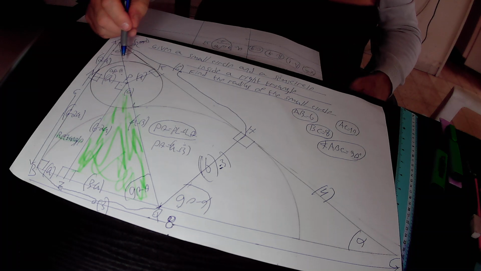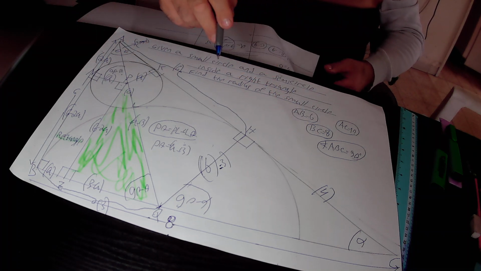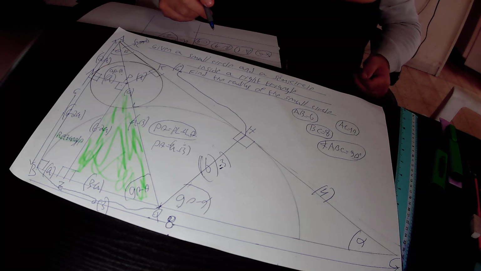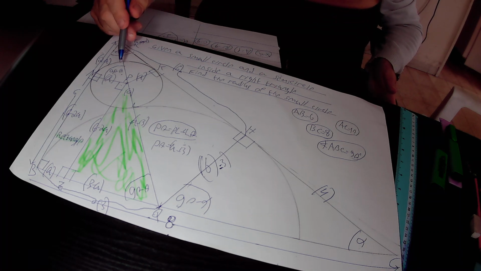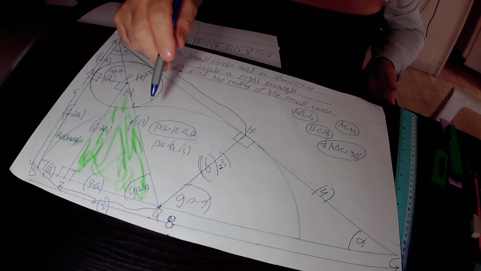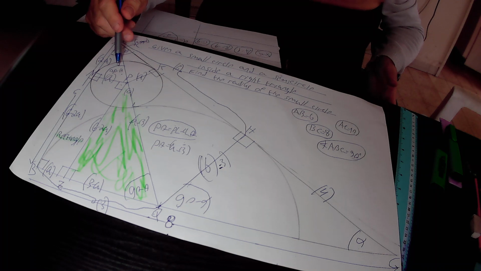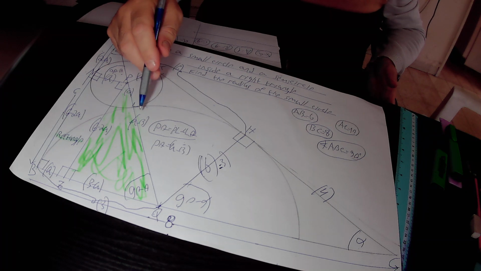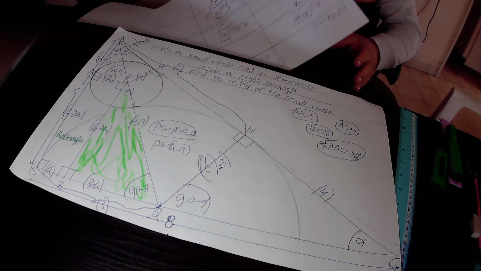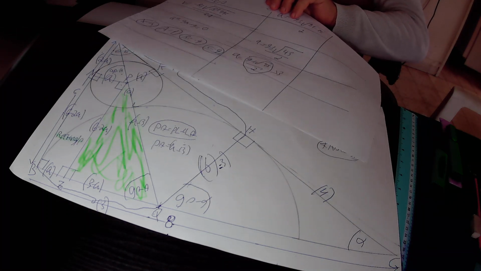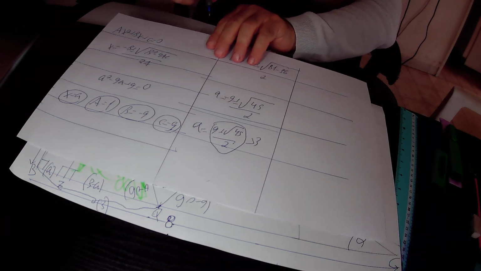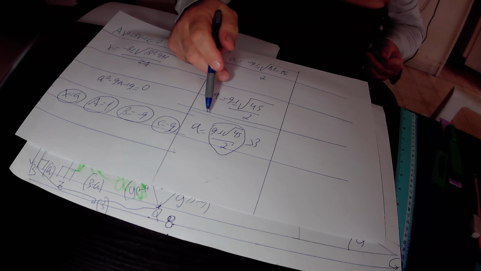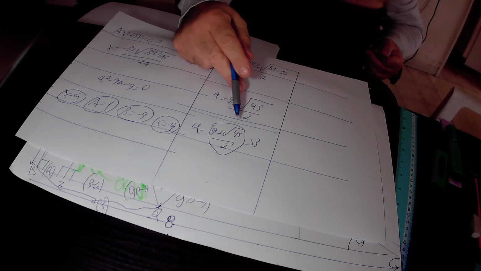Because the radius of the big semicircle equals 3 units, and the big semicircle is definitely bigger than the small circle. The radius of the big semicircle must be greater than the radius of this small circle, or the radius of this small circle must be less than 3. So we found out that the radius of this small circle a must be less than 3, but according to the first solution for a, the radius of the small circle a is greater than 3.